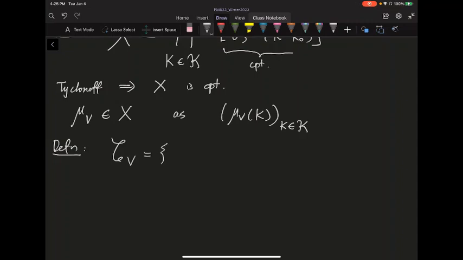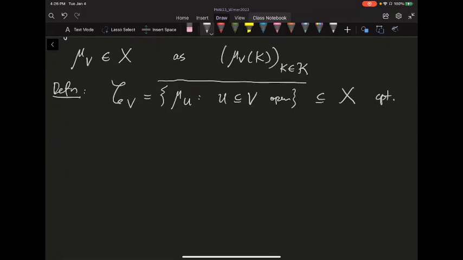I consider all those mu_U where U is an open set containing V... I mean, containing the identity, inside V. That's going to be a subset in X. Each of these mu_U gives you some element in X. You take all of them and then take their closure. Because X itself is compact and you take a closure, you get something that's also compact, so each of these C(V) is also compact.